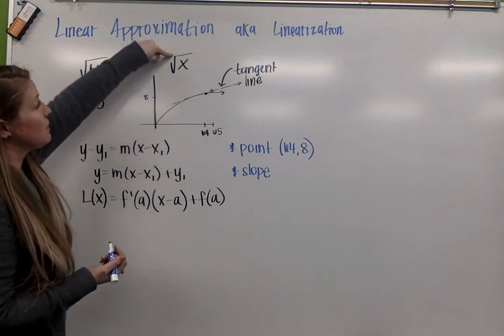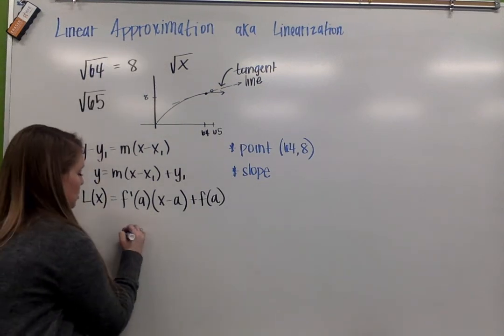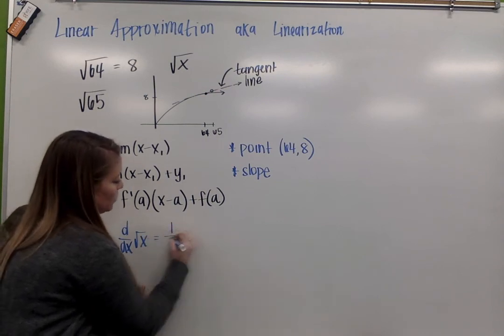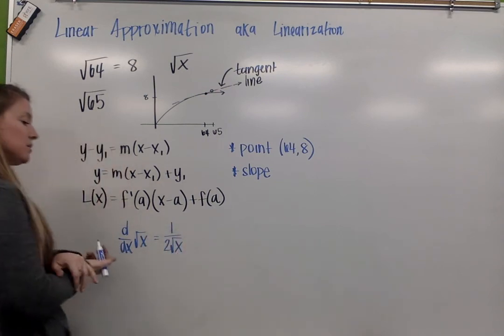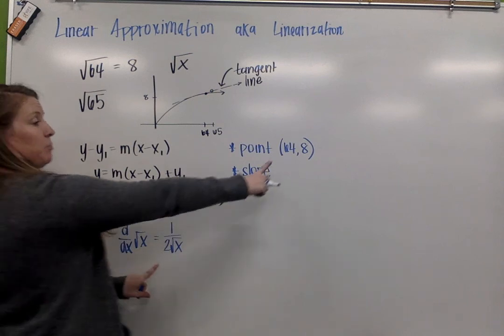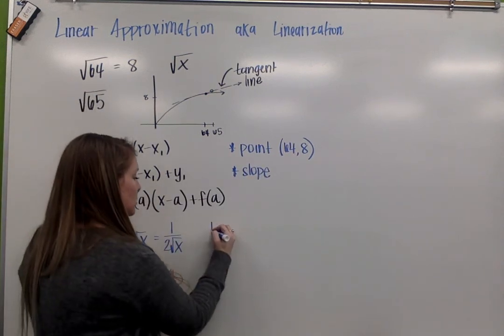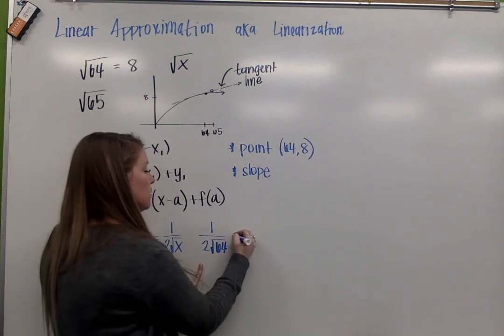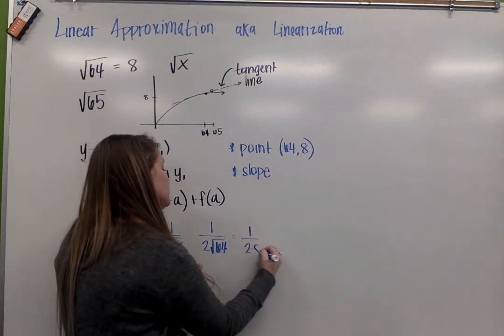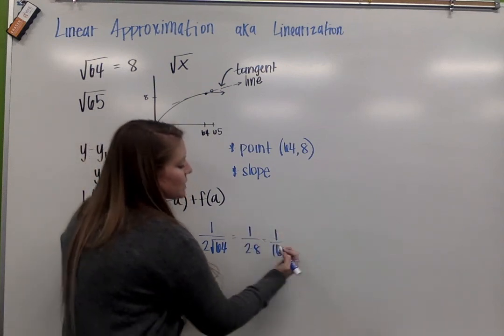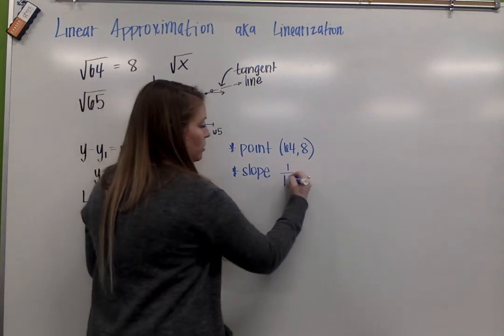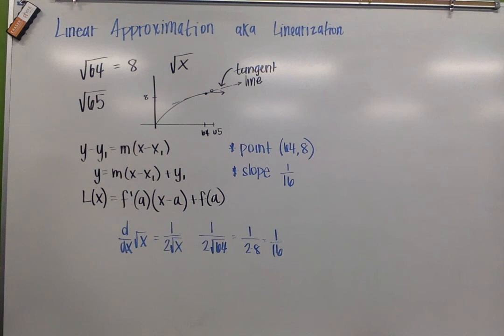So I'm going to take the derivative of my function here, the derivative of the square root of x, which is 1 over 2 root x. And I'm going to plug in my x value. So 1 over 2 times the square root of 64, that's 1 over 2 times 8, so that's 1 over 16. So now I know my slope is 1 over 16.